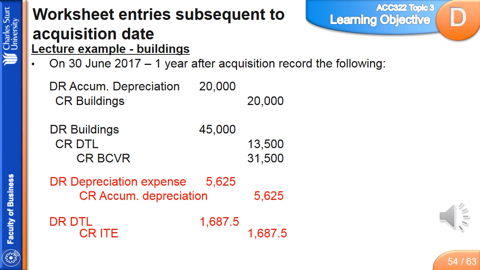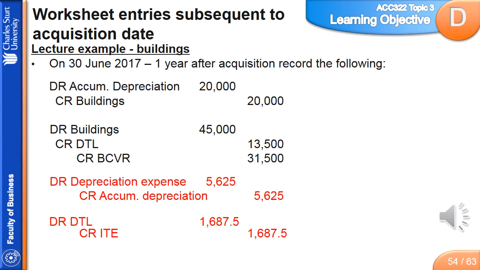So 1 year since the acquisition, which would be 30th of June 2017, we need to record the following entry. So this entry in black would stay the same as it was on 30th of June 2016. However, we need to also add in the entries here in red.